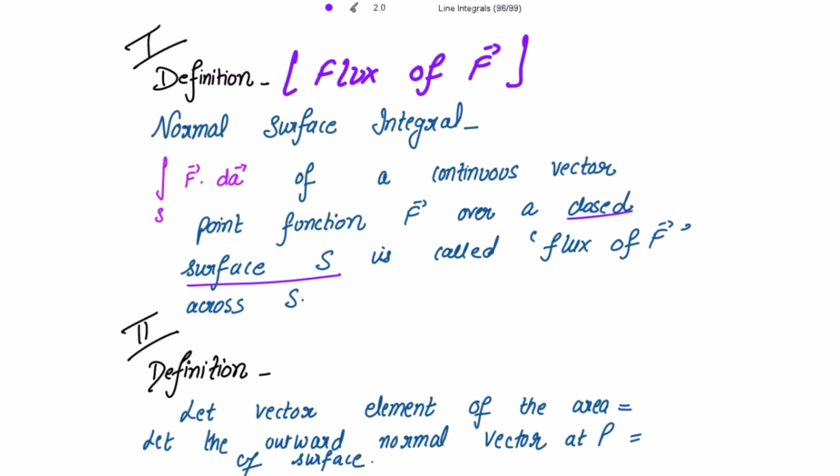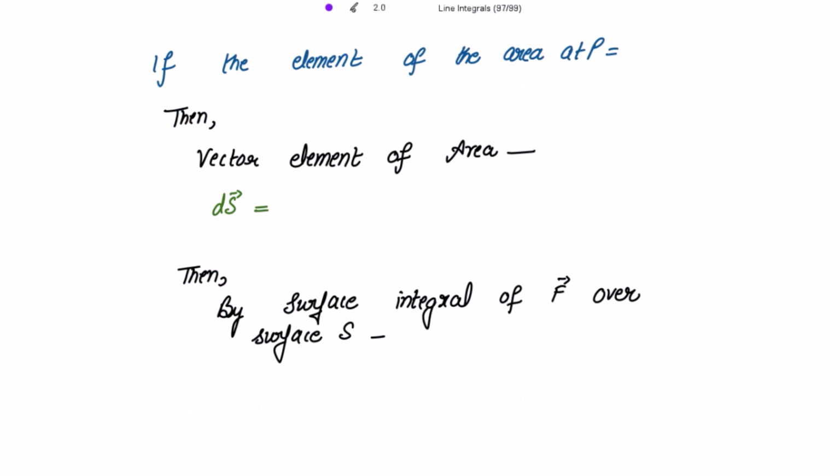Okay, second definition. Let the vector element of the area be dS vector, and let the outward normal vector at P of the surface be n vector. If the element of the area at P is dS, this is your element area, then the vector element of area dS vector will be equal to the element of the area at the point P multiplied with the outward normal vector n.